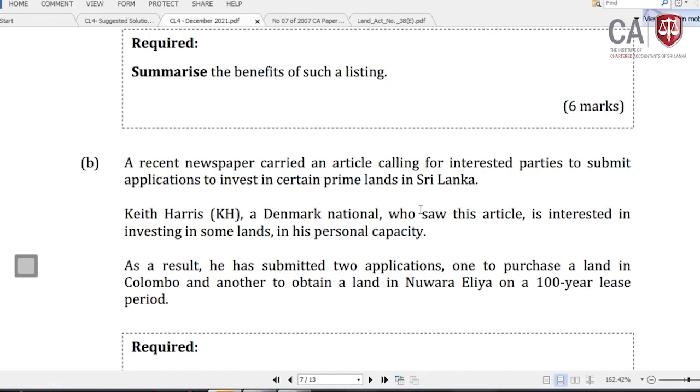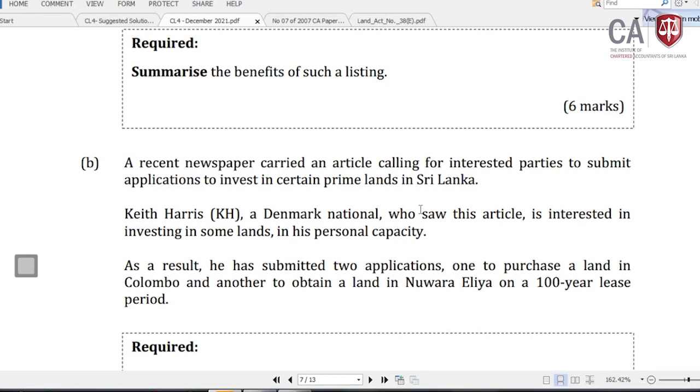As a result, he has submitted 2 applications, one to purchase a land in Colombo and another to obtain a land in Nuwara on a 100-year lease period.